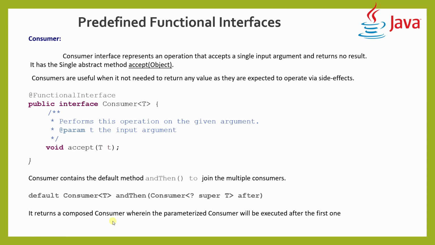That means whenever there is consumer1.andThen(consumer2), the parameterized Consumer, the Consumer super T after, is going to be executed after the earlier Consumer. Once you see the examples, you will understand better. So let's go to the example program.